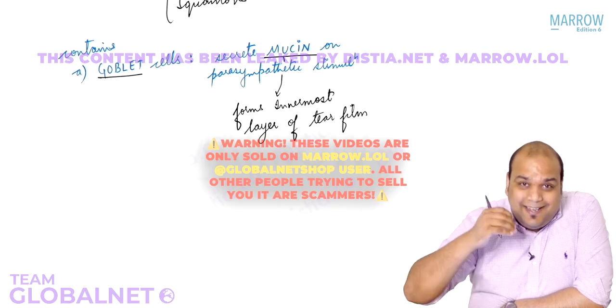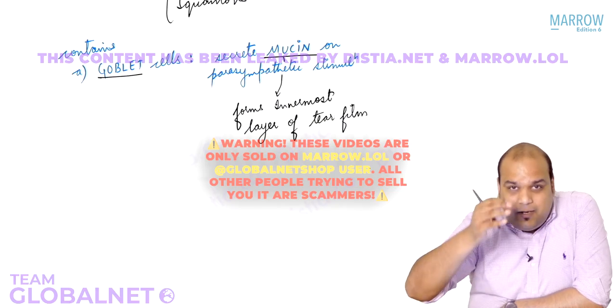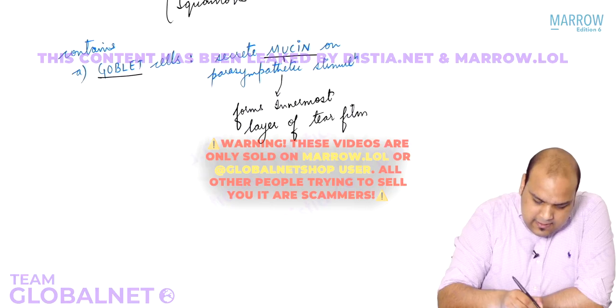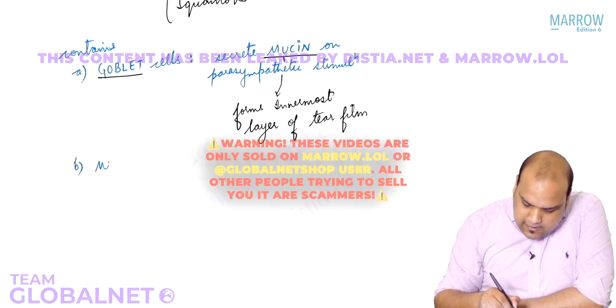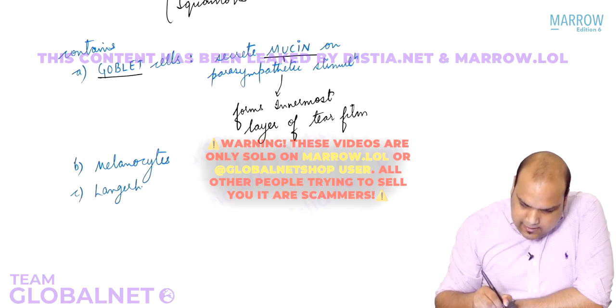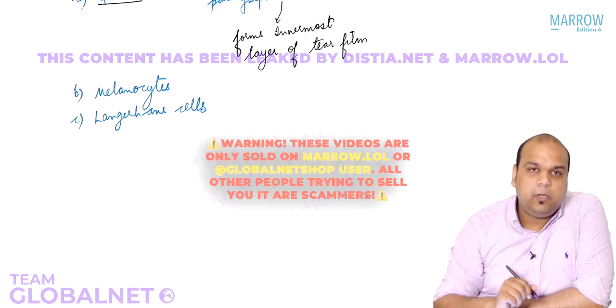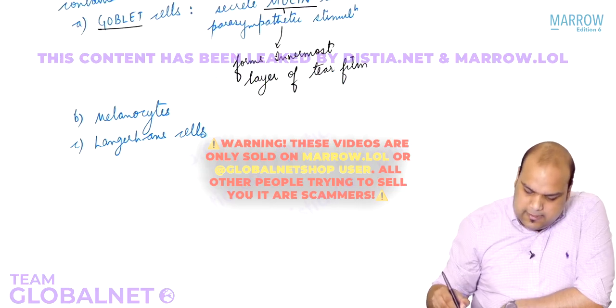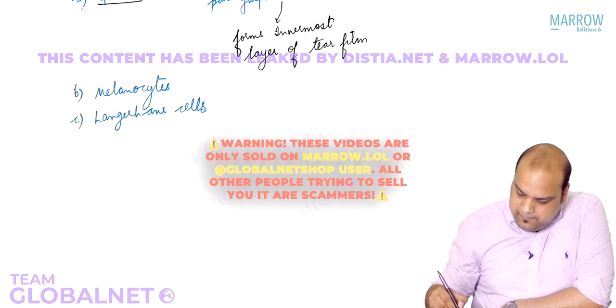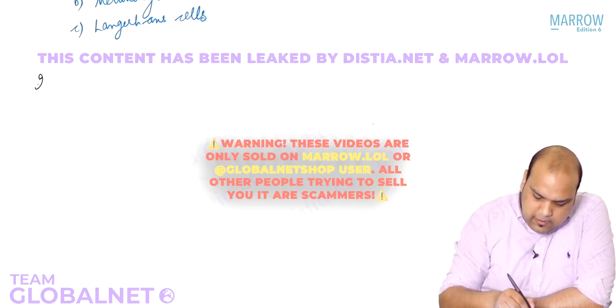We will use this again when we are studying the tear film, the dry eye and everything else. Secondly, everybody, this epithelium also consists of melanocytes and Langerhans cells. Okay, no confusion. Now, this is the outermost layer. Number 1 we have written epithelium. Important concept of goblet cells.